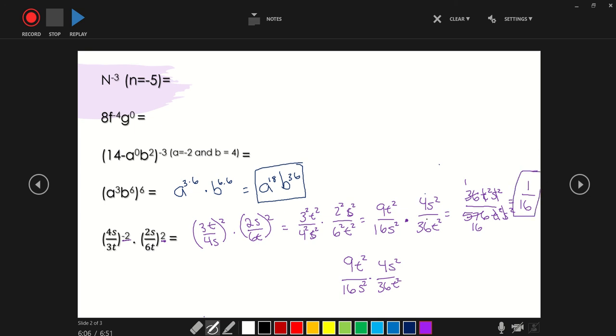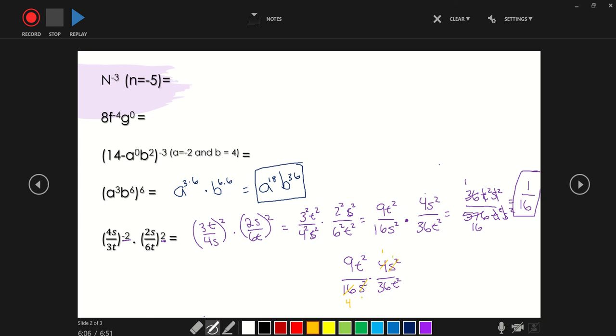So let me show you over here how I would do that using a different color. So let's do yellow. Hopefully it shows up. This way might be easier. 4 goes into 16 4 times. 4 times 4 is 16. So 4 becomes 1, goes into 16. We know s squared and s squared are the same, so we can cancel that out.